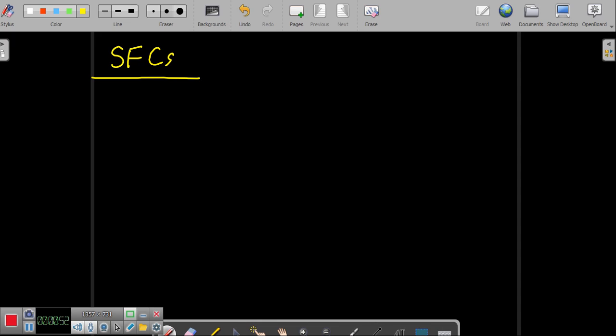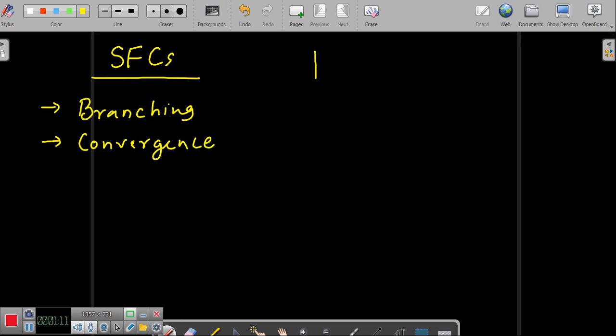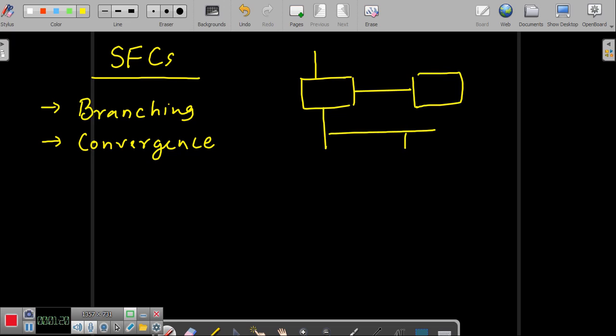So after that, I think we have even seen what exactly we mean by branching, right? How would you have the branching and how would you have the convergence? This also we have seen, right? So branching is something like this: you have some state, some output, then from this it is possible for us to have multiple inputs here as well as multiple states in terms of its outputs, something like this, right?